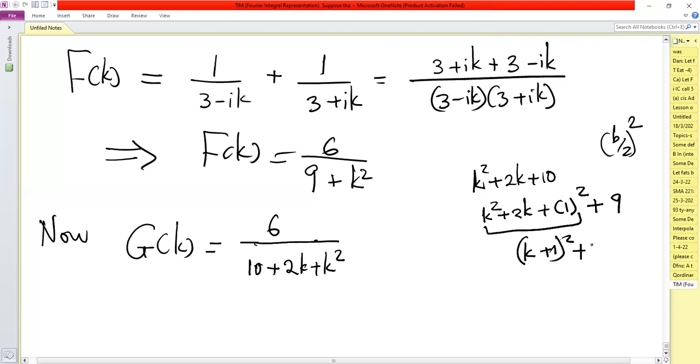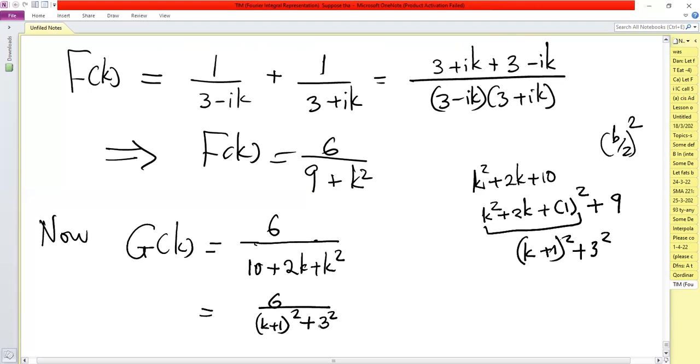9 is the same as 3 squared. So you can say g of k can be written as 6 over k plus 1 squared plus 3 squared, or simply plus 9.